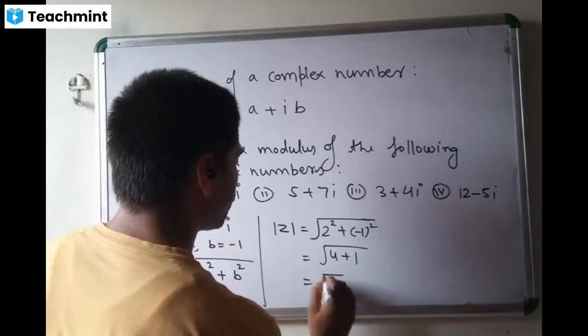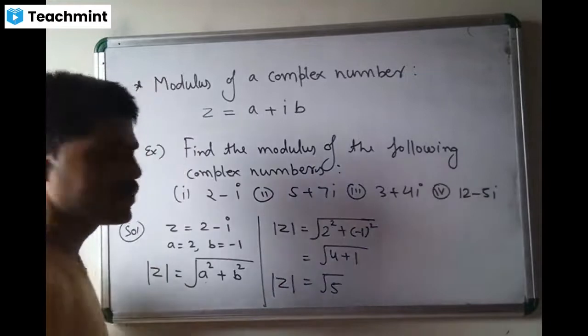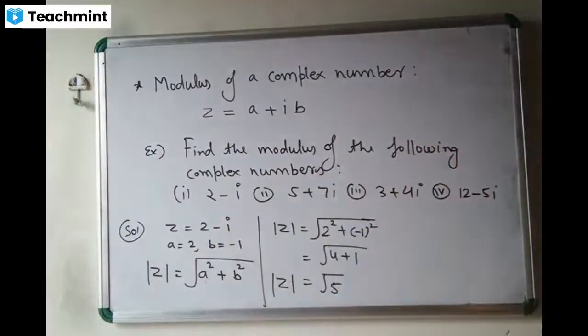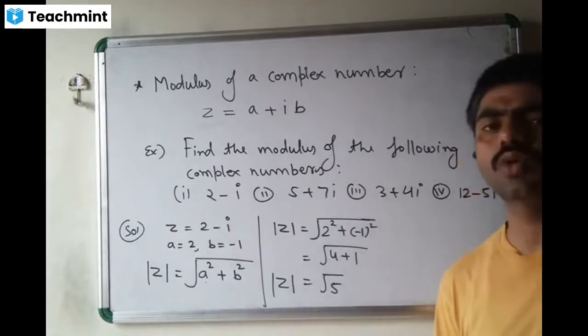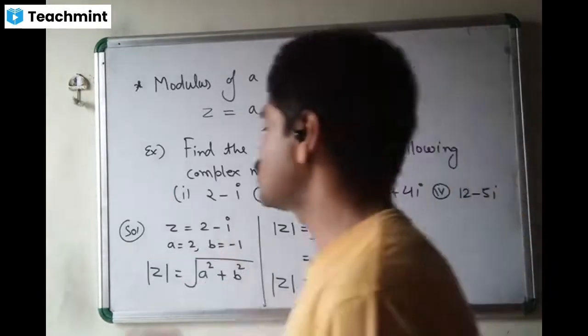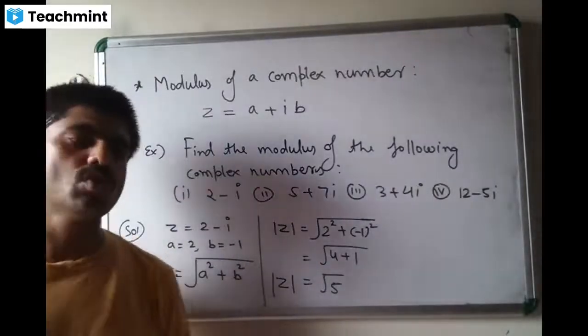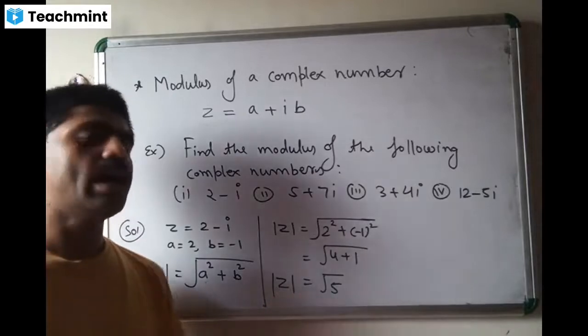So 4 plus 1 is 5. So the modulus of the complex number 2 minus i is under root 5.